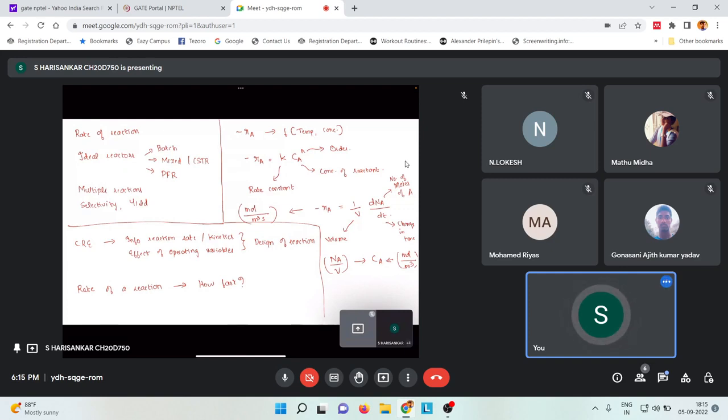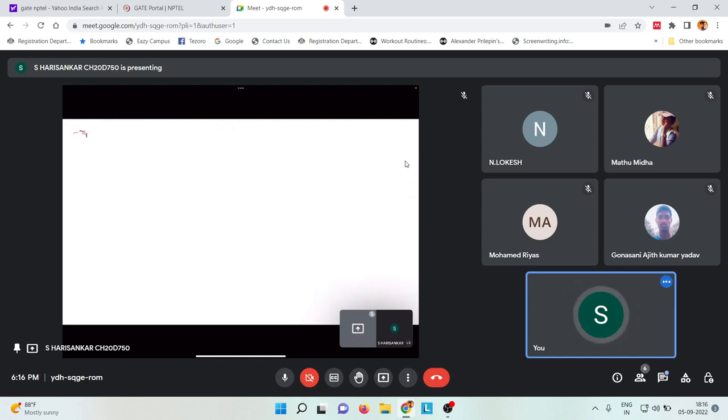So we can rewrite this rate equation for a constant volume: minus RA is equal to 1 by V dNA by dt, which can be written as d(NA by V) by dt. And we just saw NA by V is Ca, so this will be dCa by dt.